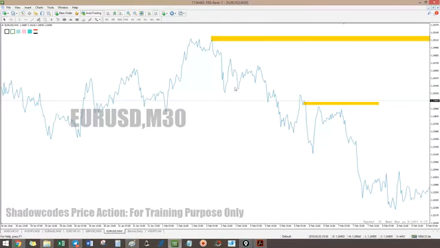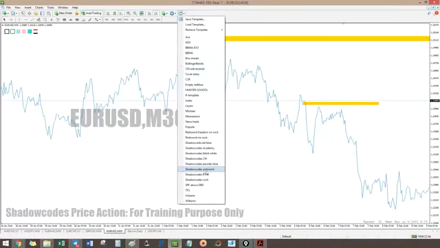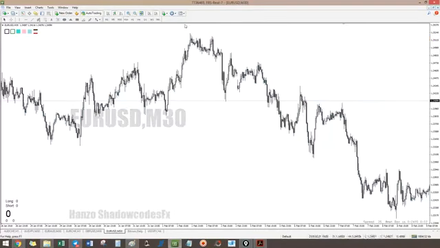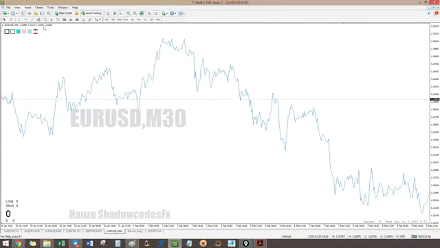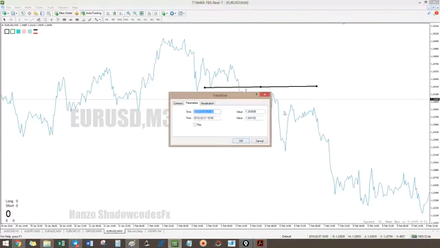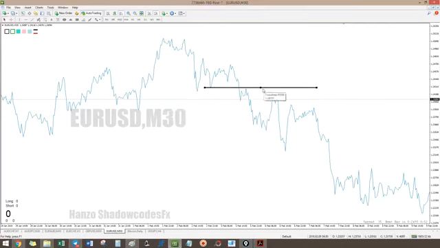Okay, over here is our support become resistant. Okay, so I think I need to clear all this thing. Okay, so this is the relationship for our setup.